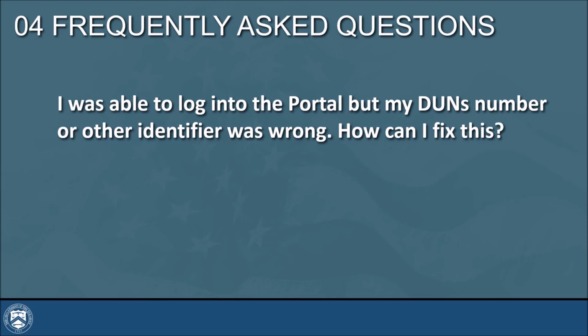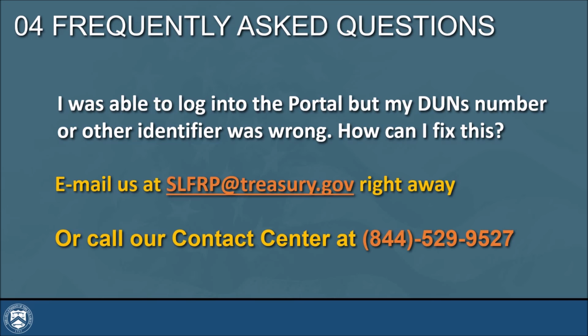Next question. I was able to log into the Treasury Reporting Portal, but my DUNS number or another identifier was wrong. How can I fix this? Well, we apologize for any inconvenience that might have been caused by an incorrect DUNS number or other information that was provided. Again, we are working closely with both you as NEUs, but also our state partners to make sure we get as much accurate information as possible.